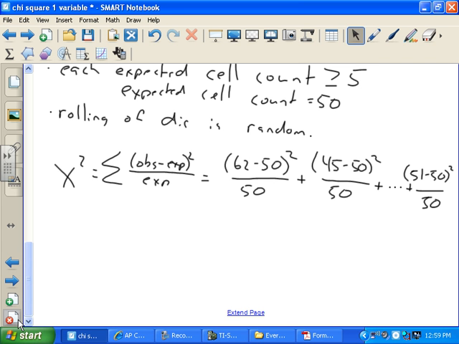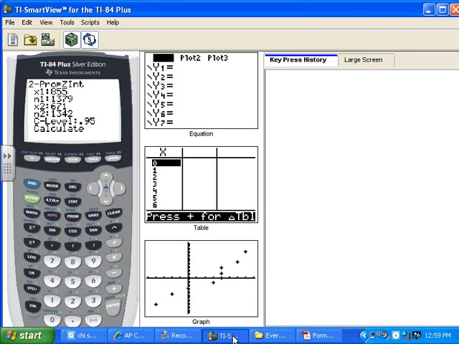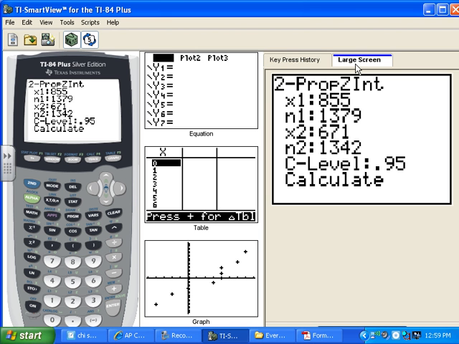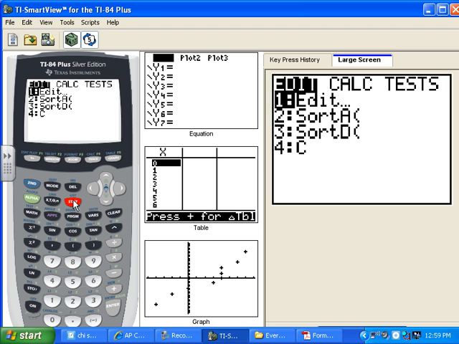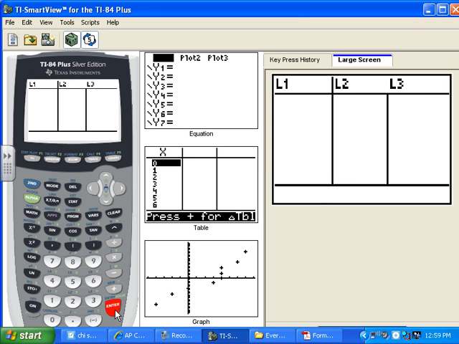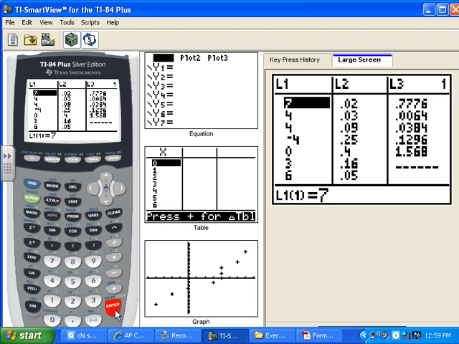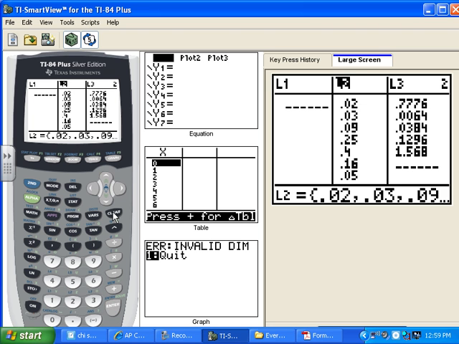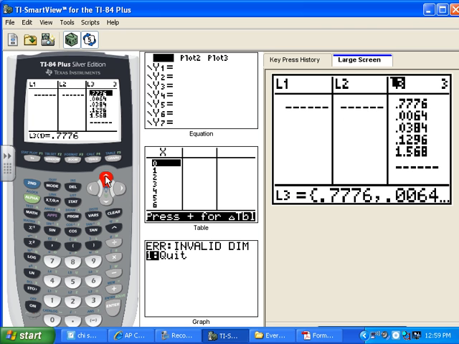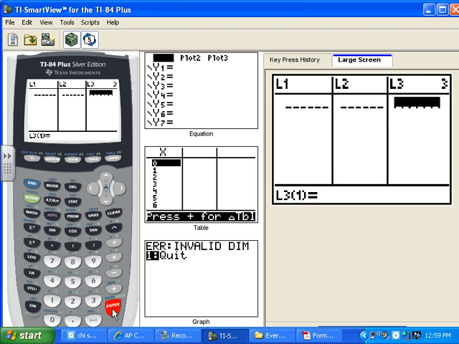I'll show you a couple different ways. Let's go to the calculator and put your data into list 1. Data in list 1.